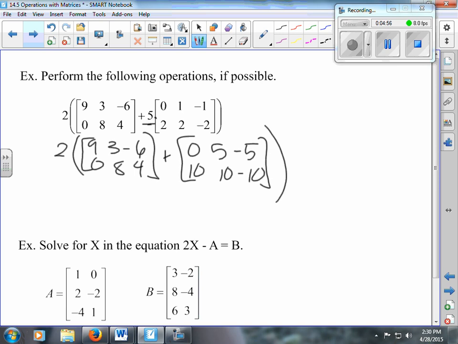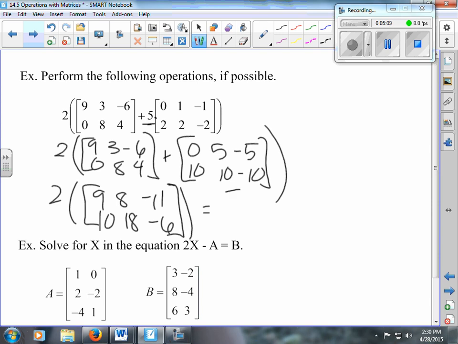Okay, now inside the parentheses, I'm going to do this addition. And finally, I can do 2 times that matrix. So my final answer, 18, 16, negative 22, 20, 36, negative 12.